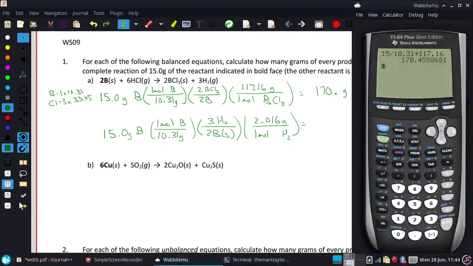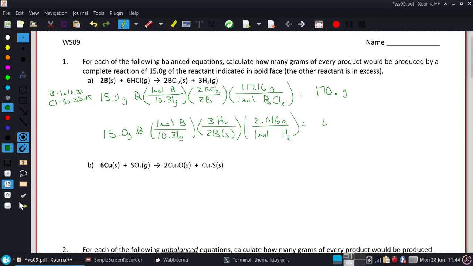And 15 divided by 10.31 times 3 divided by 2 times 2.016. And we get 4.40.